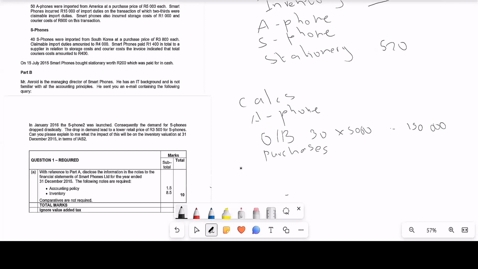The purchase is 50 units multiplied by, I think we bought them for 5,000 each. It was 250,000. And we also had import duties, which remember two thirds were claimable, so it's 15,000 times the third, which is 5,000.